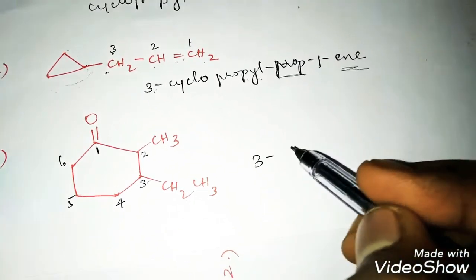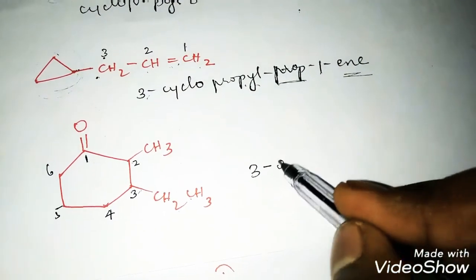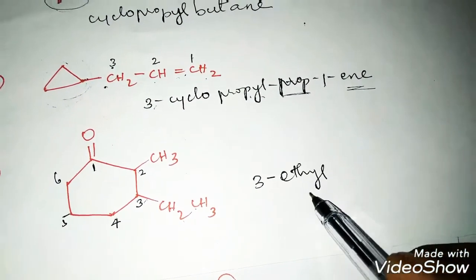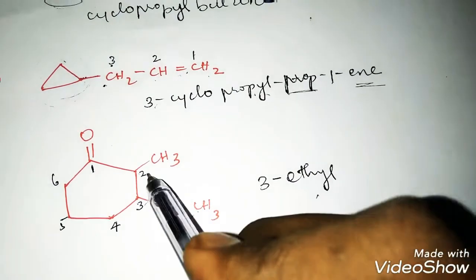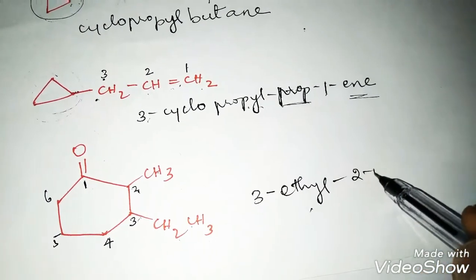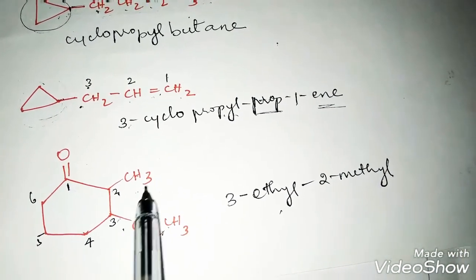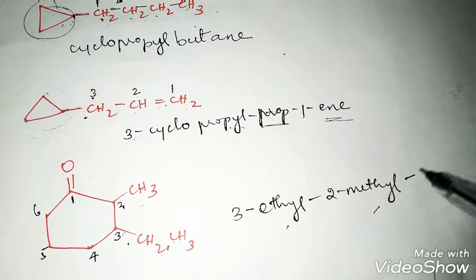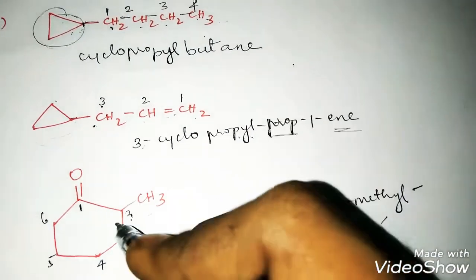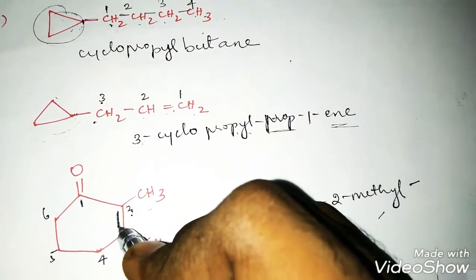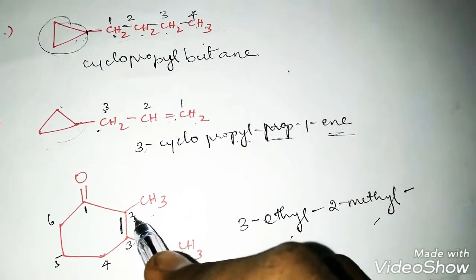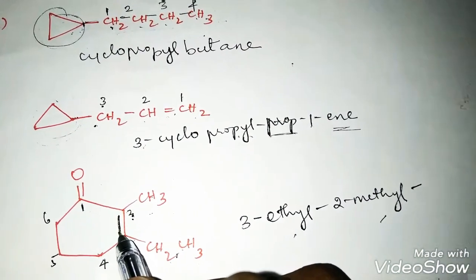In the third position we have meth, eth, an ethyl group, so it is 3 ethyl. In the second position we have a methyl, 2 methyl, so 3 ethyl 2 methyl. In the second carbon, sorry, I forgot to put this here, we actually have a double bond. So in the second carbon I have the double bond.